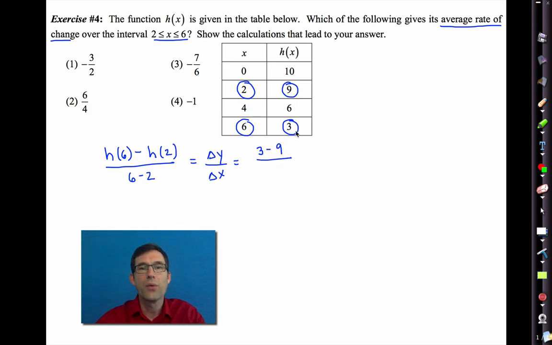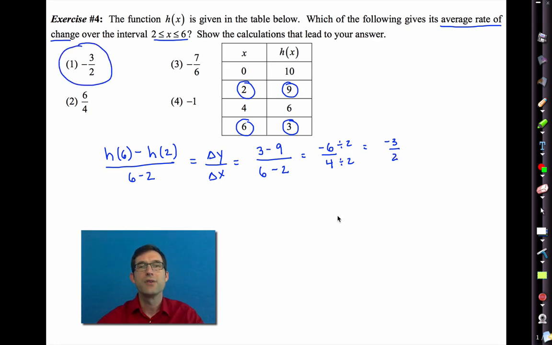So we always do the second one minus the first one. Now this is important because 3 minus 9 is negative 6. 6 minus 2 is positive 4. And of course, we can reduce this fraction by dividing both by 2 and getting negative 3 halves.